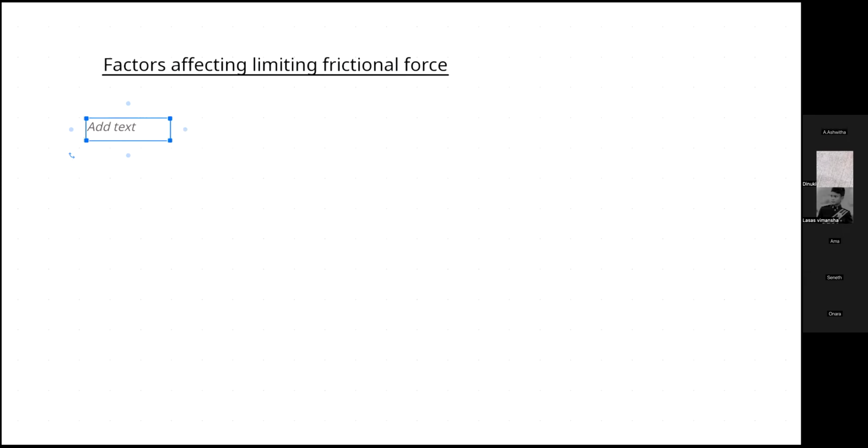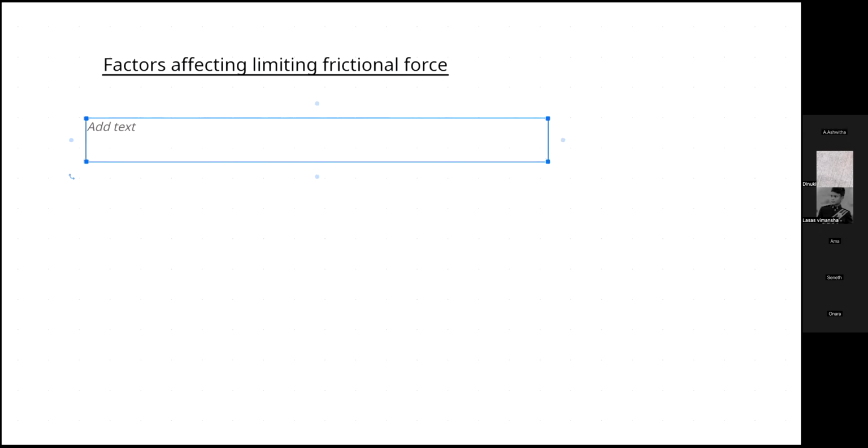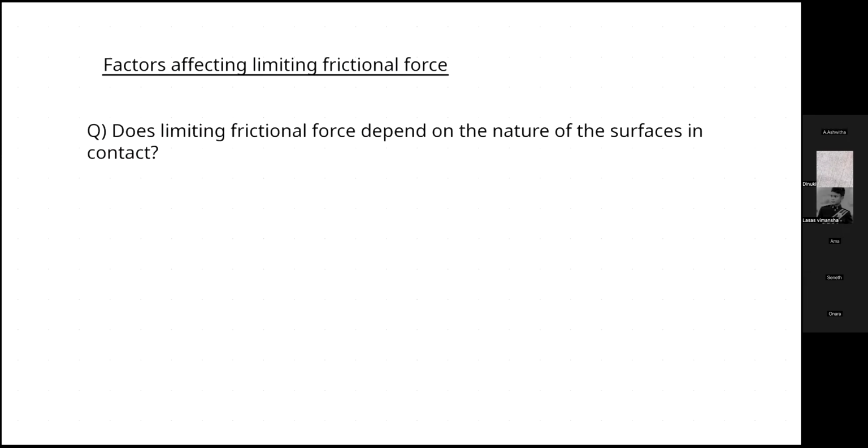Does limiting friction... okay, what does this mean? Write this question first and then we'll discuss.